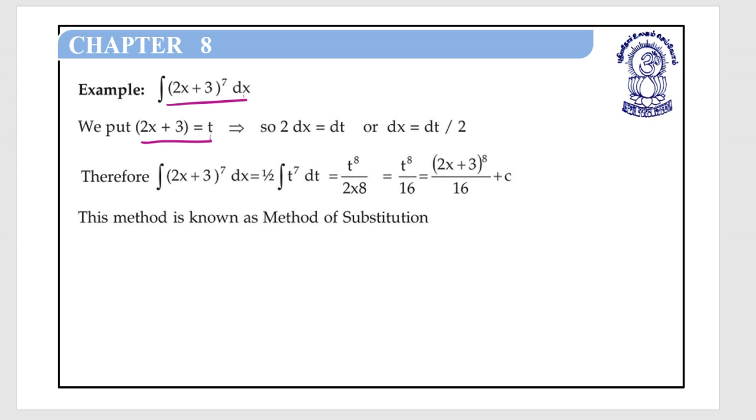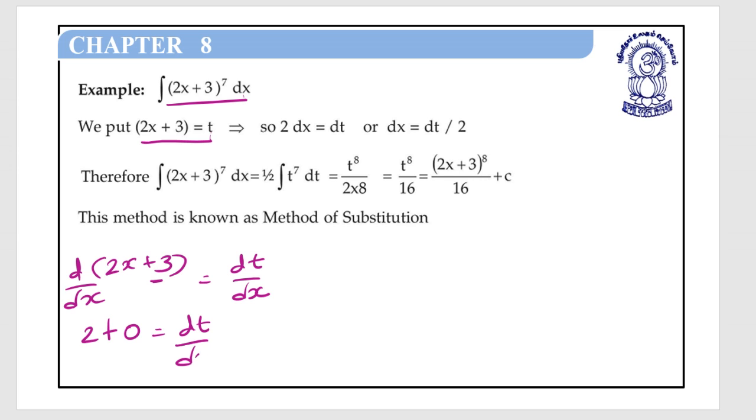Take differentiation of 2x + 3: d by dx of (2x + 3) is equal to dt by dx. Here 2x gives 2, plus 3 constant gives 0, so 2 dx is equal to dt.